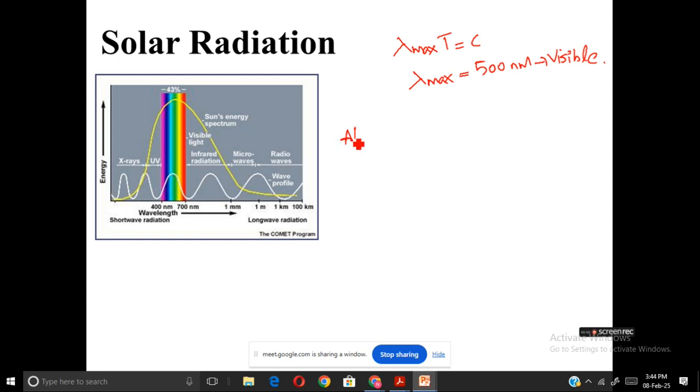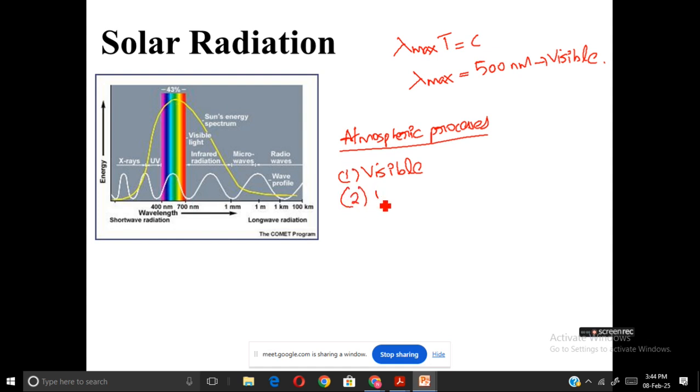When we are talking about atmospheric science, or when we deal with meteorological processes, the three important wavelength ranges that we generally consider are, first, the visible, where the solar radiation peaks.